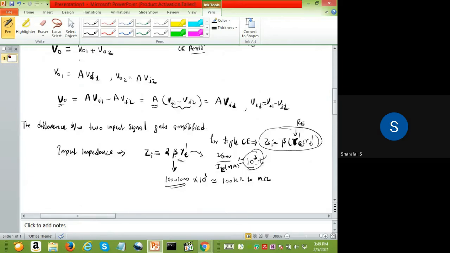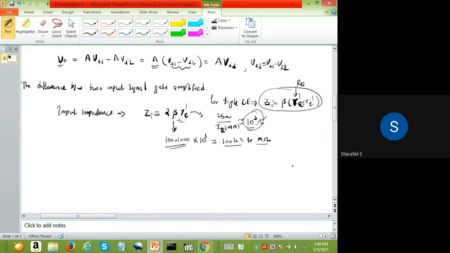So if you take the product of these two, it will come to the order of 10 raised to 6 ohm, so it will vary from 100 kilo ohm to 1 mega ohm. So the input impedance of this emitter coupled differential amplifier is very high because it is in mega ohm.